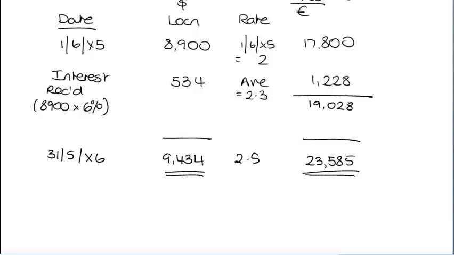Can you see we've got a problem? Because in Briars' books, we're showing the loan at 19.028, but it should be showing the loan as 23585. We therefore have an exchange loss in the books of Briars, and that exchange loss is the difference between the two figures, 23585, which is 4557.